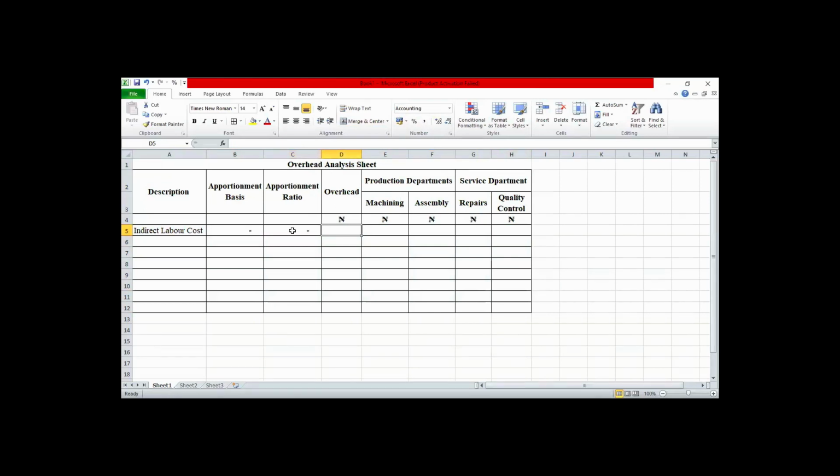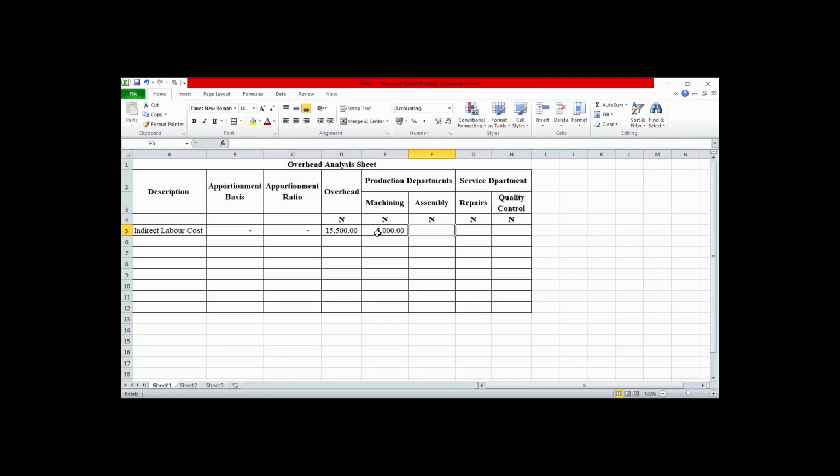What is the total of the indirect labor for all the departments? 15,500. Under machining, how much do we have? 5,000. Under assembly, 5,000.